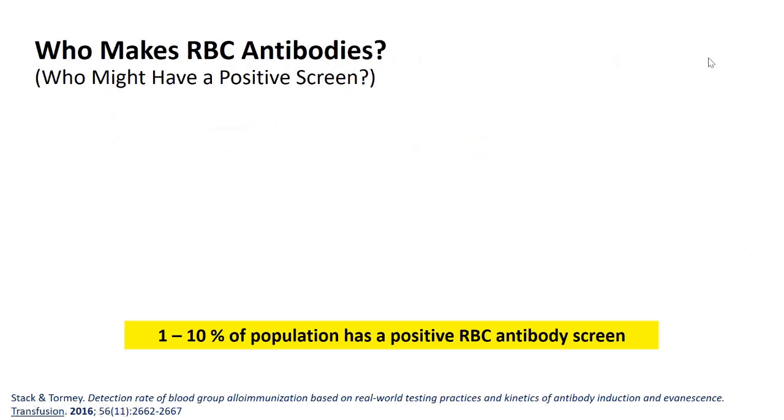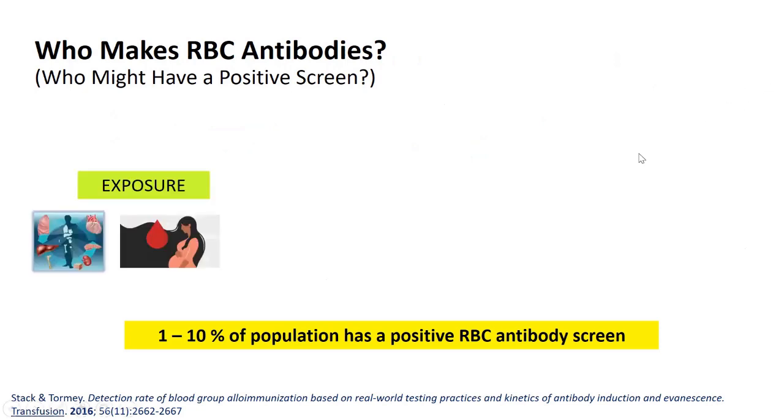Who makes red cell antibodies, or who might have a positive screen? Well, about 1 to 10% of the population is screen positive. That's all comers, and that's not speaking to immune responder groups that have higher rates herein.